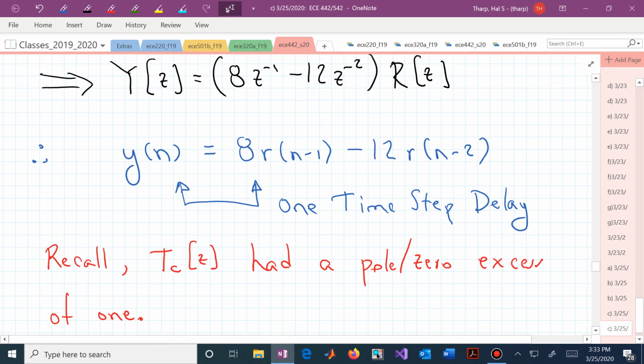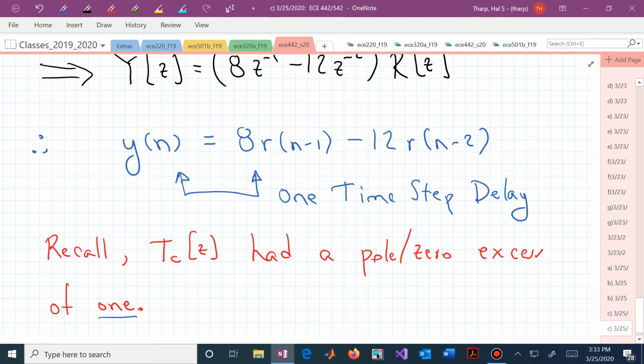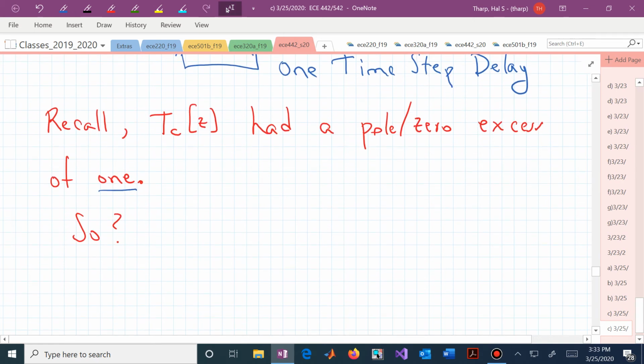That actually is associated with this pole zero excess of 1. We have a 1 sample period delay between the input and the output, and we're seeing that in this difference equation. So recall, T sub c of z had a pole zero excess of 1.